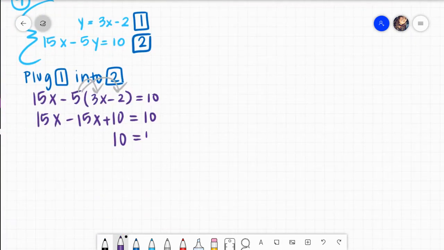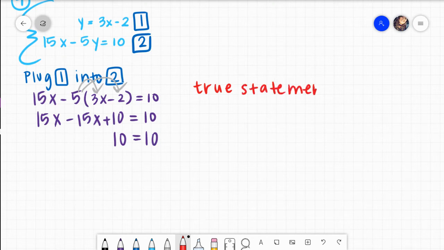On the right-hand side, I have a 10. Question, does 10 equal 10? Yes, it does, it's the exact same value. So this is a true statement because 10 is 10.